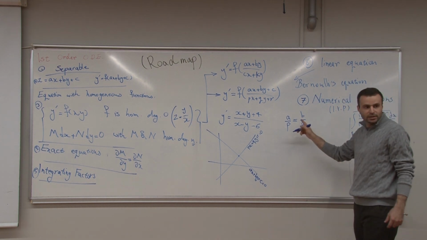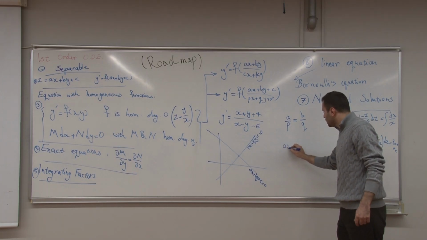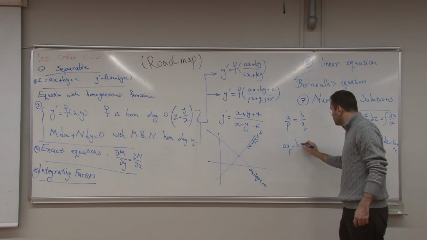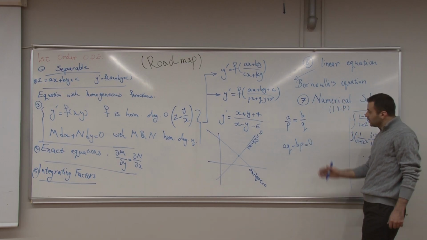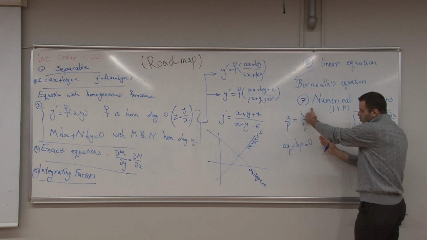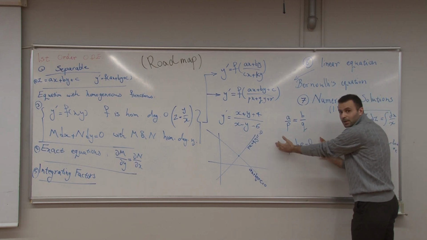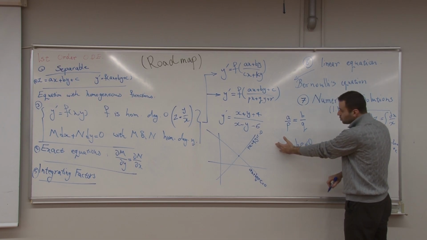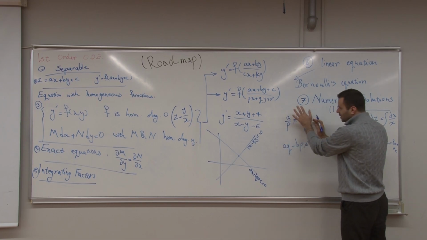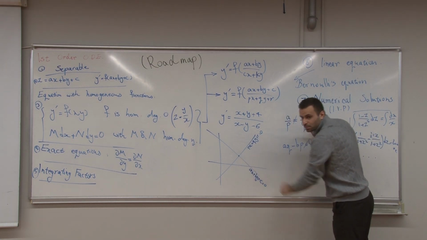But this is equivalent to saying that aq minus bp is equal to 0. If they are parallel, this is true. I'm just multiplying and taking everything across. But we're assuming that they are not parallel to each other. So this is not equal to 0. This is an inequality. And we have an intersection point.